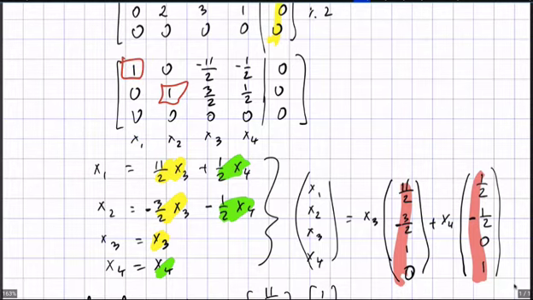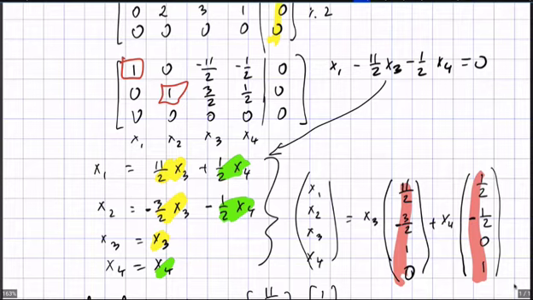Maybe I write down first what this equation was. x1 minus 11/2 x3 minus 1/2 x4 equals 0. And then we rearrange it to get x1 equals 11/2 x3 plus 1/2 x4. And then the second row corresponds to x2 plus 3/2 x3 plus 1/2 x4 equals 0. So rearranging this, we get x2 equals minus 3/2 x3 minus 1/2 x4.